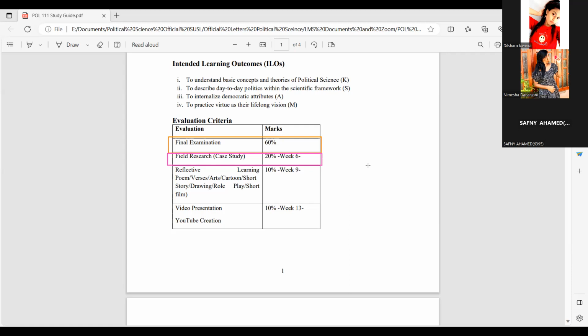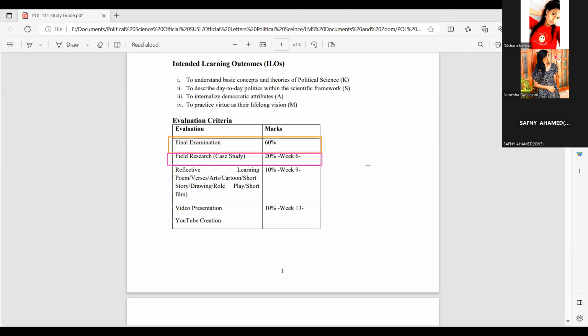Then we can convert our findings into a small research, which is called a case study, right? Don't be afraid of that. It is very simple, and also very interesting, more practical, rather than writing assignments and so on.